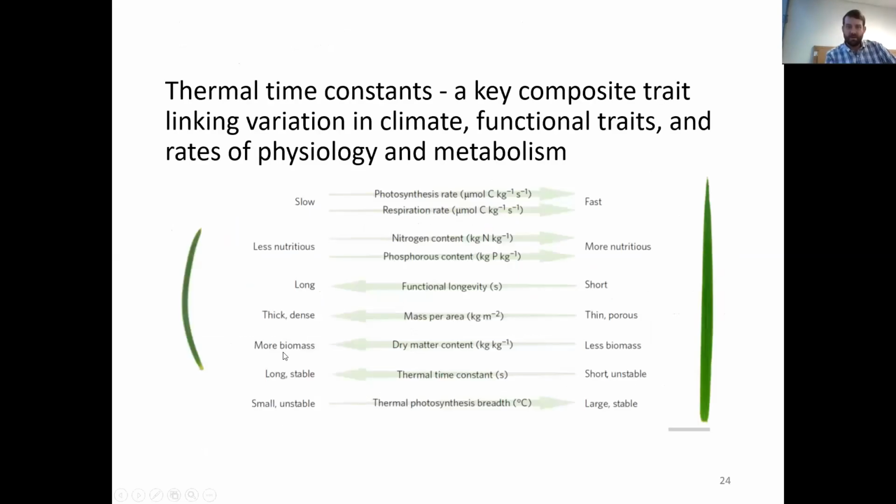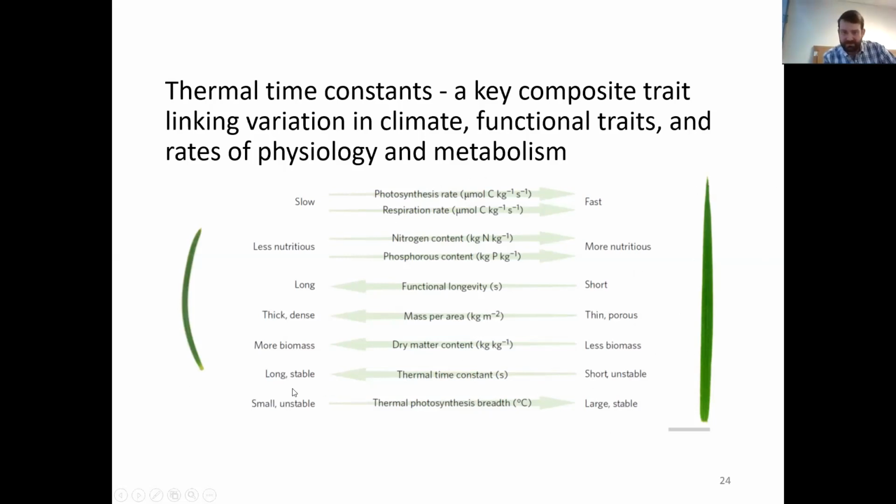If we look at this thermal time constant, the second to bottom one here, we see that it falls along this leaf economics spectrum. Over on the left we have slow leaves, like this pinyon pine, and over on the right we have fast leaves like this blade of grass. I don't know my grass species.